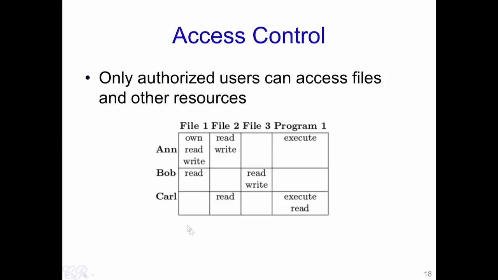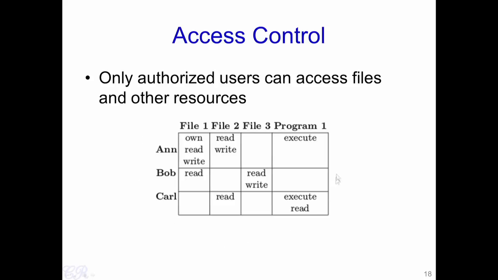So, this particular slide shows how access control is implemented typically. Essentially we have a matrix here and each row corresponds to a user. Anne, Bob and Carl are 3 users of the system, while the columns show the resources, that is file 1 which is stored in the hard disk, file 2, file 3 and program 1.